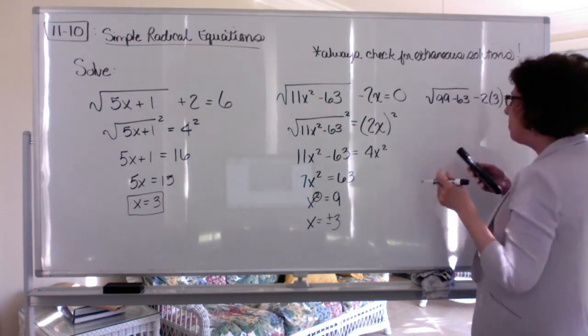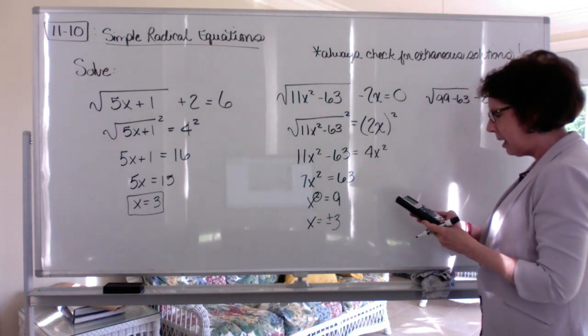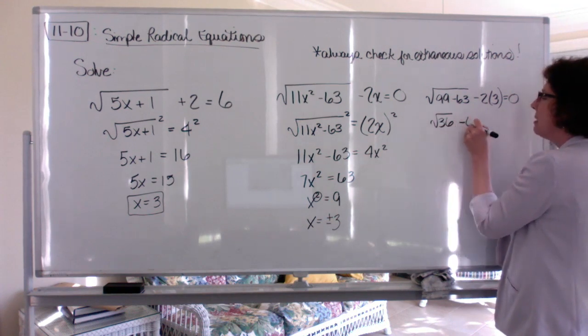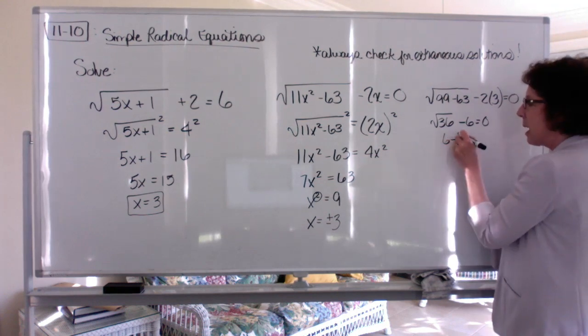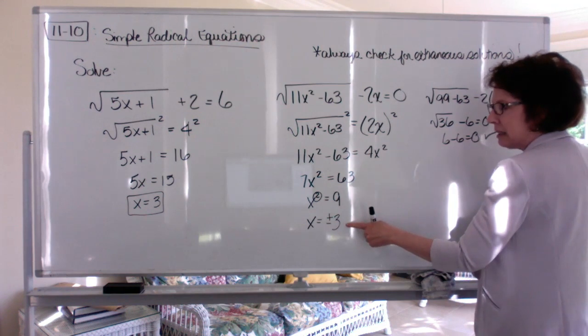Let's see if that's true. 99 minus 63 is 36. So I've got the square root of 36 minus 6 equals 0. Well, is that true? Of course it is. 6 minus 6 equals 0. Check. Positive 3 is a solution.